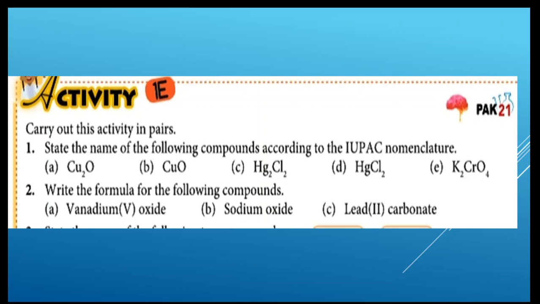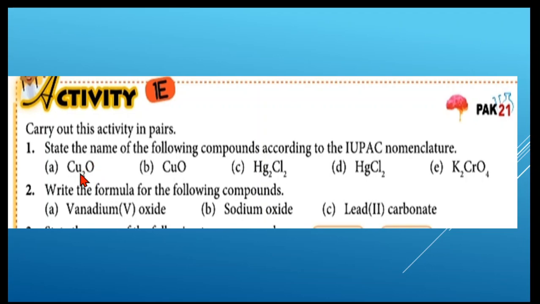Okay, try this one. Try this activity. State the name of the following compound according to the IUPAC nomenclature. Copper oxide. This one is copper 2 oxide. Macam tu. But because this one Cu2O.